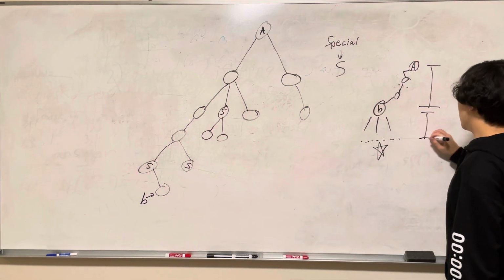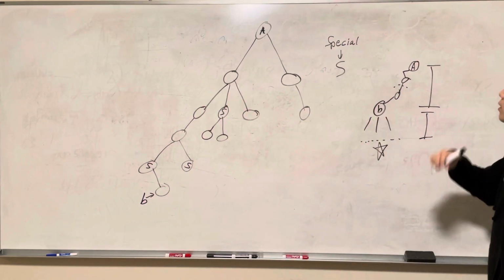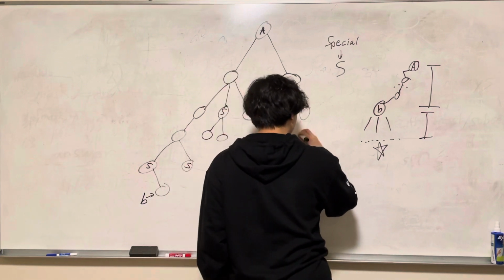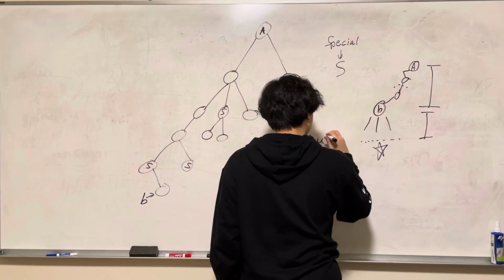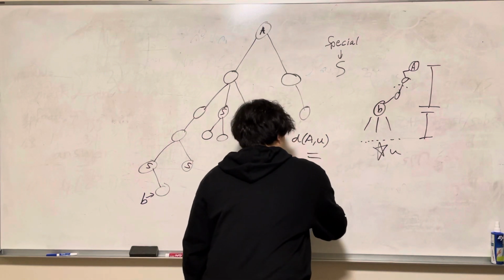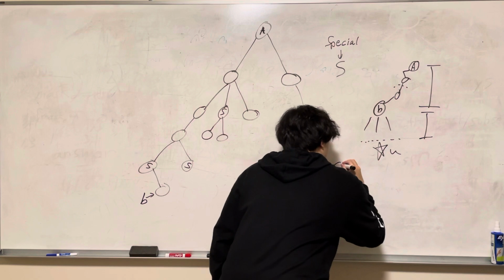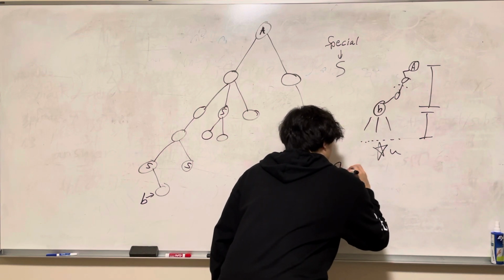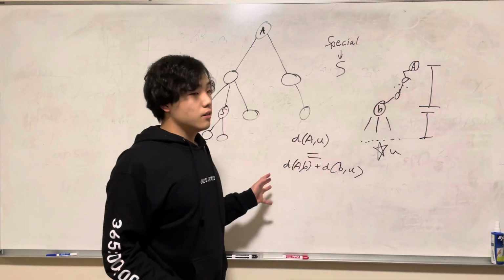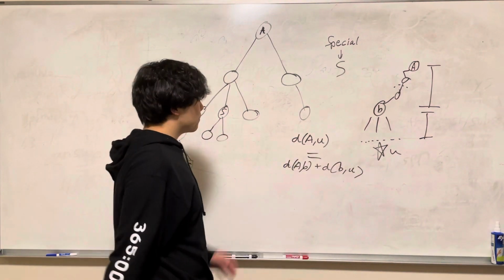So in other words, we know that the distance from A to U, where this is U, is going to be equal to the distance from A to B plus the distance from B to U. Because it's an undirected tree, distance from A to B is the same as B to A, so it's commutative. You don't have to worry about that.